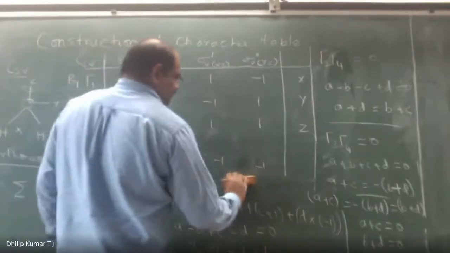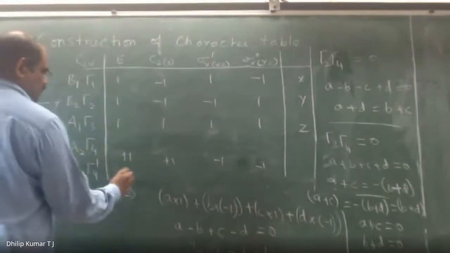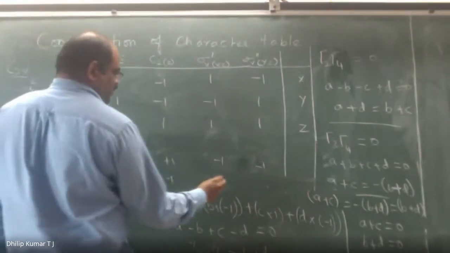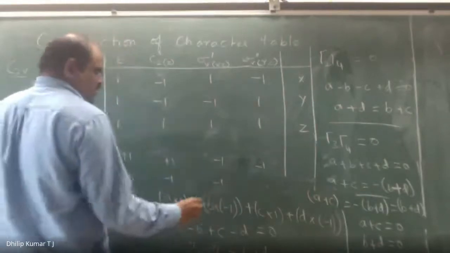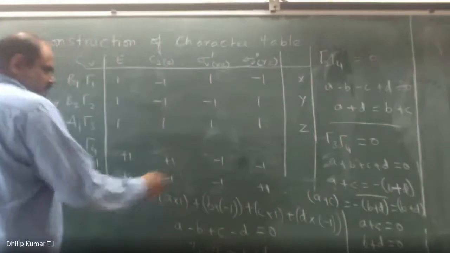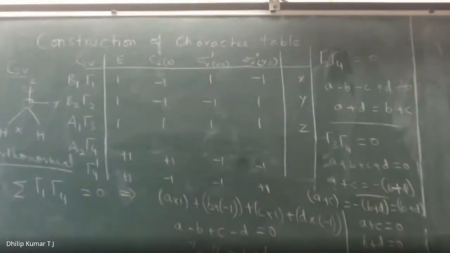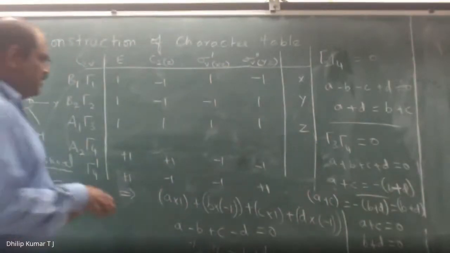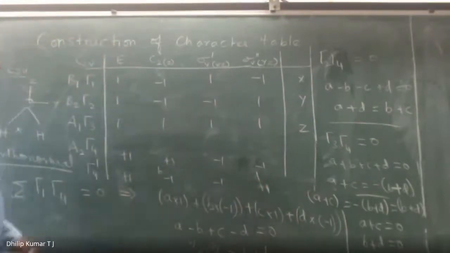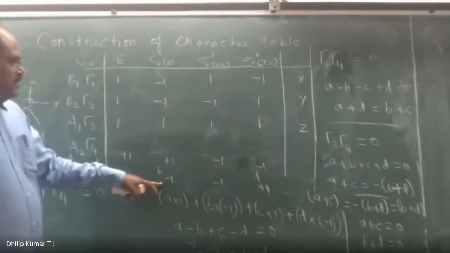Okay, let me try. So this is -1, this is already -1, and this is +1. Like this, right? 1 -1 -1 1. If you take this as B and this as D, this one is already present, no?